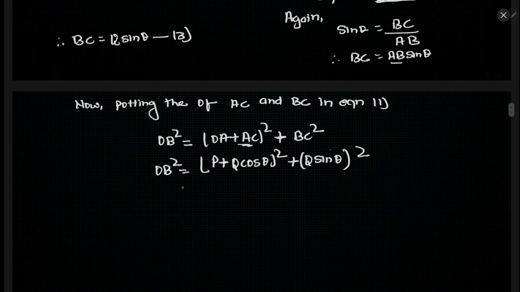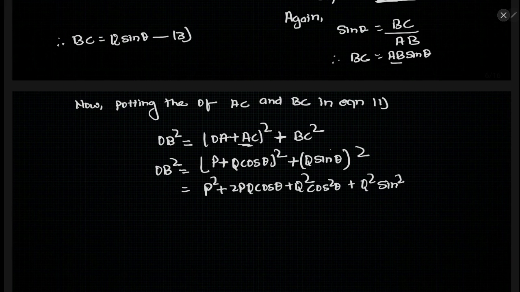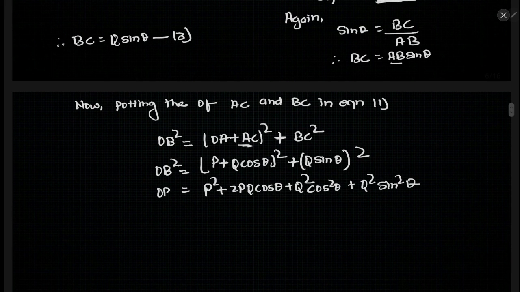So now let's simplify the expression, which is P square plus 2PQ cos theta plus Q square cos square theta plus Q square sin square theta.